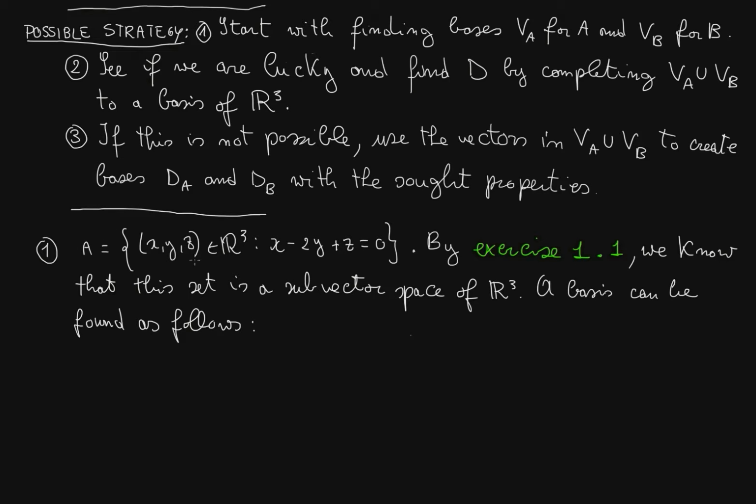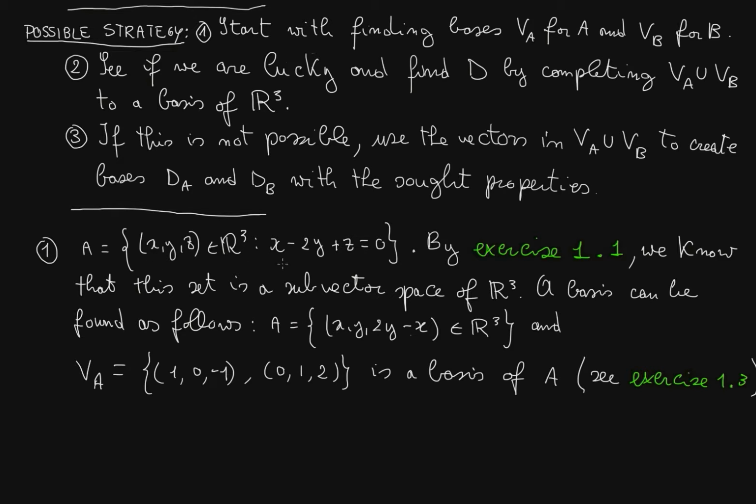We have proven that this is a vector space of R3, and we have even found a procedure to determine a basis of A. By exercise 1.1 we know that this set is a subvector space of R3, and a basis can be found as follows. We rewrite A implementing the equation defining A inside the notation of the generic vector of R3, so we can express z in terms of x and y.